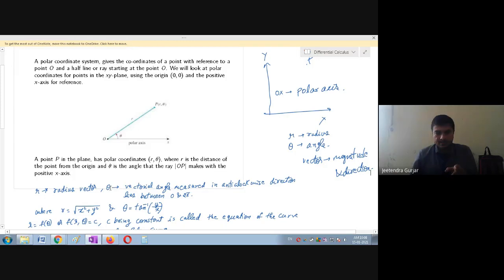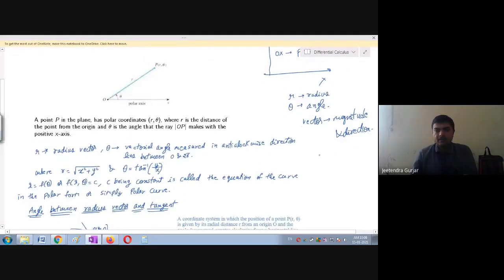Similarly, we have here the angle theta, measured from the polar axis in the anti-clockwise direction, which lies between 0 and 2 pi. It will start from 0. 2 pi is in terms of radians, and in degrees we take this as 360. Just simple.